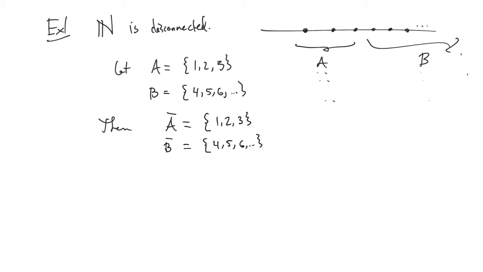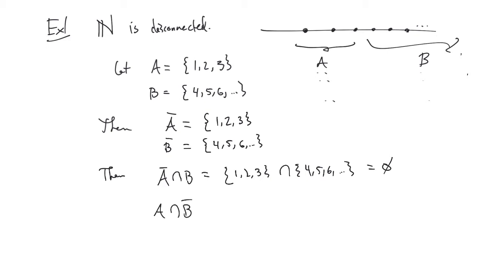And then we can check those intersections. So A bar intersect B will be 1, 2, 3, intersect 4, 5, 6, etc. And this is empty because none of those numbers are in both sets. And similarly, A intersect B bar. Actually, it's exactly the same thing, right?